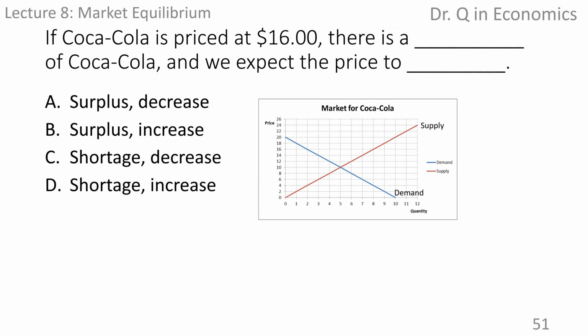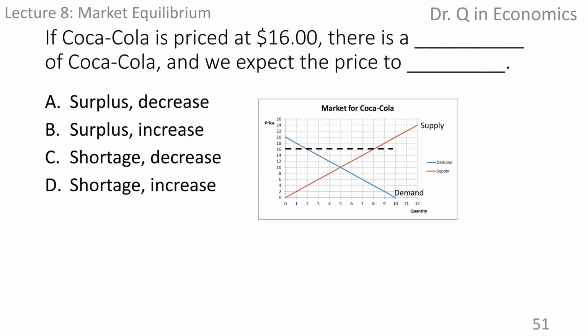Alright, the question says that the Coca-Cola price is now at $16. It may be a 10-pack price. And we can see that $16 obviously is not the equilibrium price.